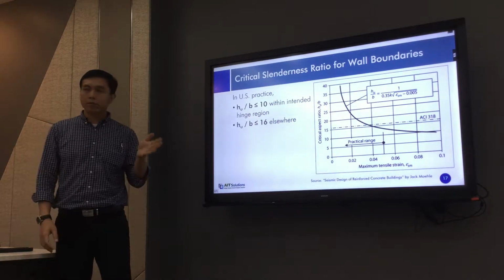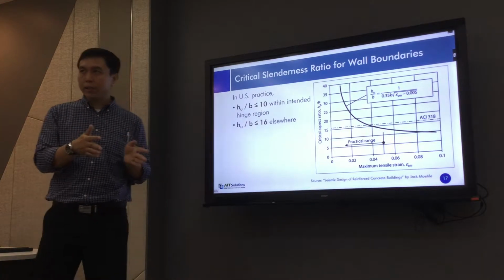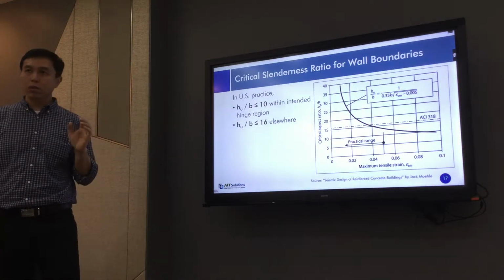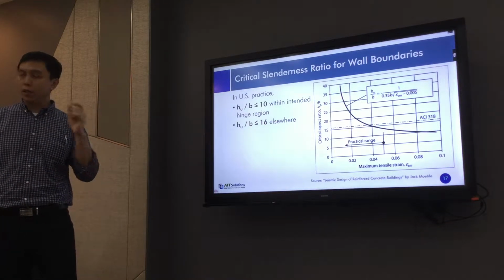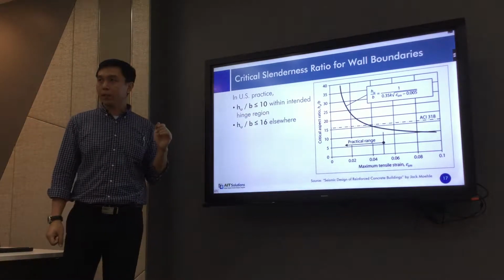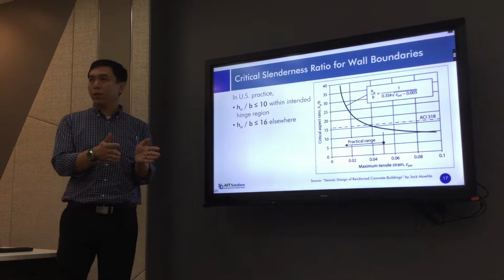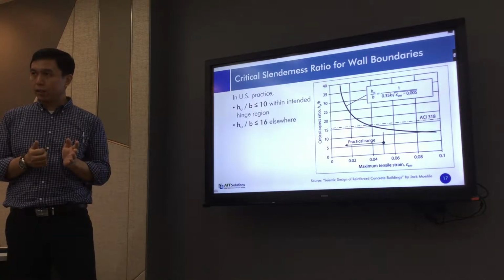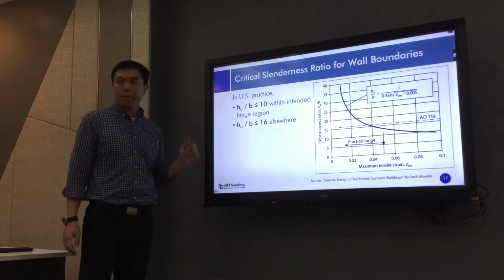Let's say 800 millimeter, 700 millimeter thickness of the wall. But in the low seismic zone, we may not need that thickness in the shear wall for shear capacity or moment capacity. In those walls, we may use 200 millimeter or 250 millimeter thickness. In that case, those local buckling failures can happen.